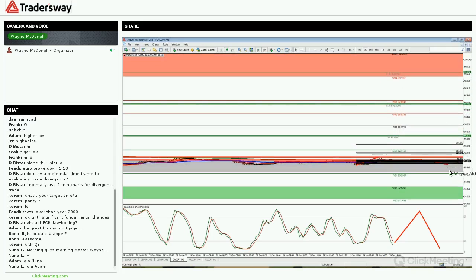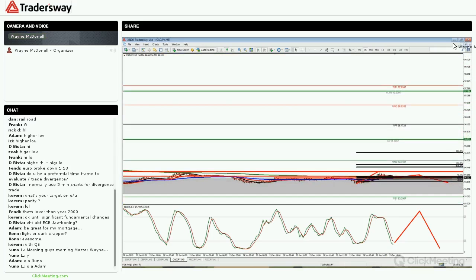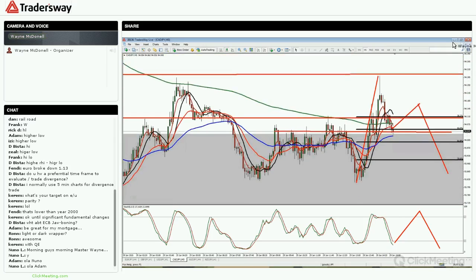So it could be interesting. So pick a team. Buy if you're a bear, or wait for it to roll over if you're a bull.